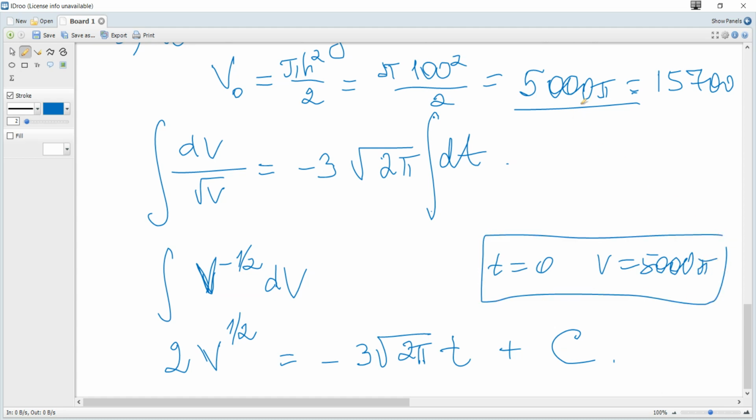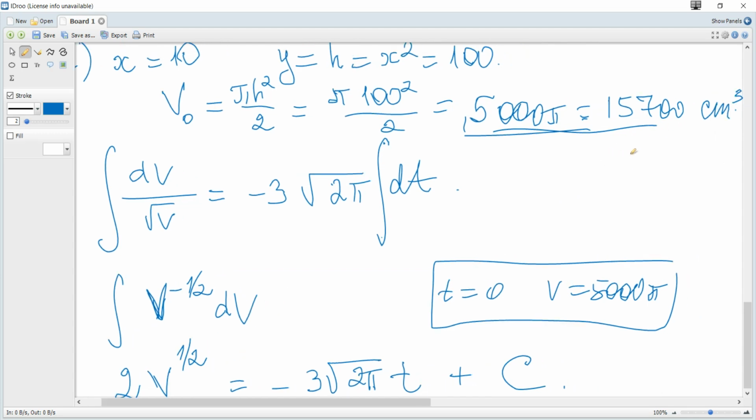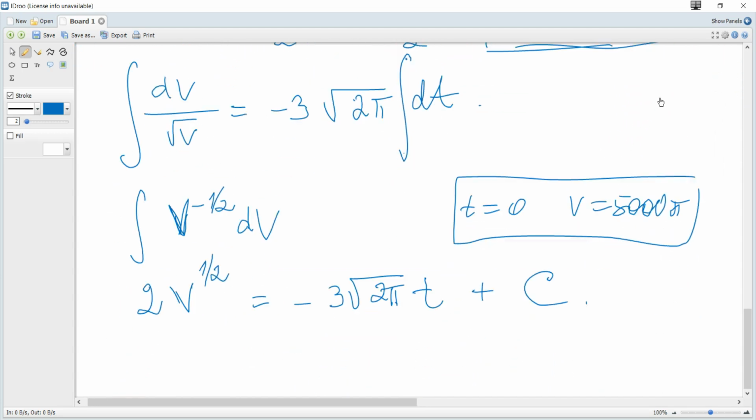Since it's the initial volume, it's not a final answer, it's an intermediate result, and for some further calculation it would be better to use the exact value, not a rounded value.